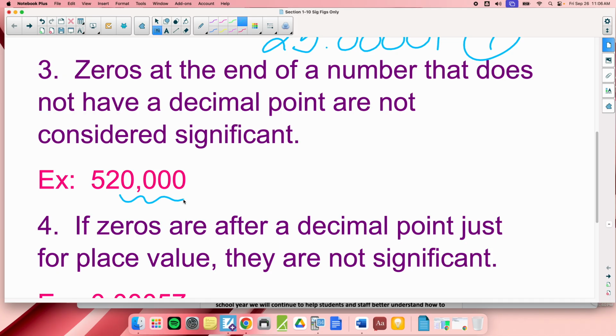Those zeros are there just to hold those place values to make that number large. So we don't count those. This has 2 sig figs, okay? Even if it was like this, that 0 would not count because it is there just for place value. This would only have 2 sig figs. Do we get that? Okay.